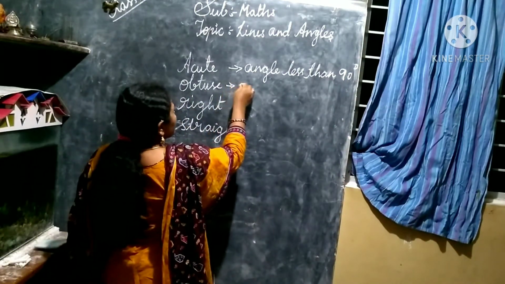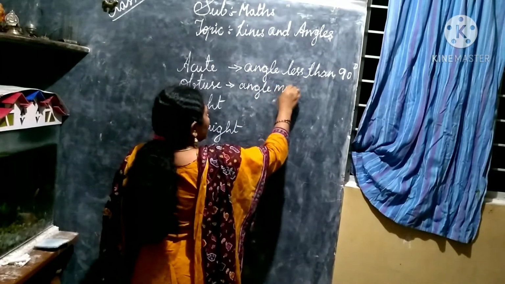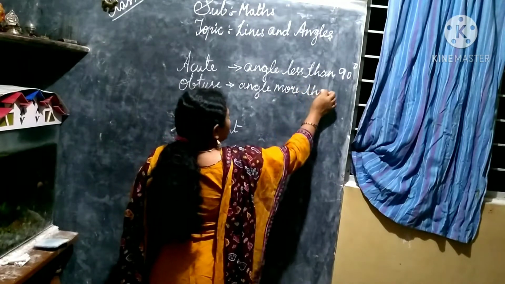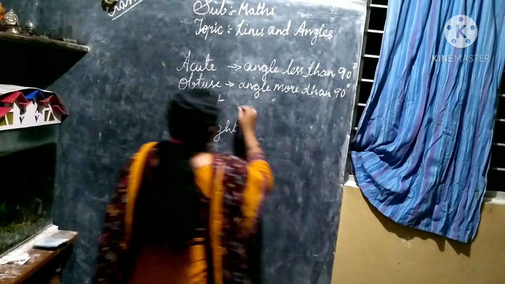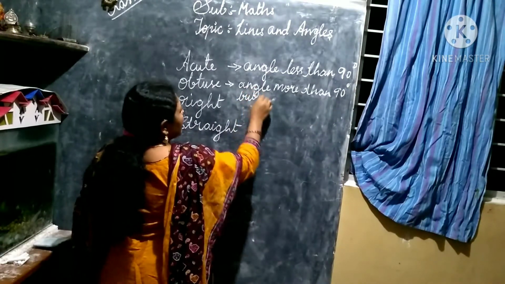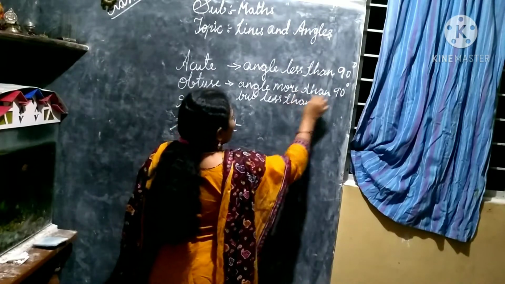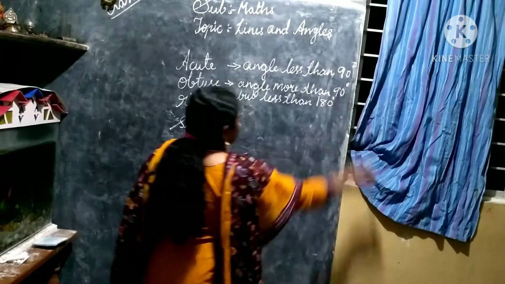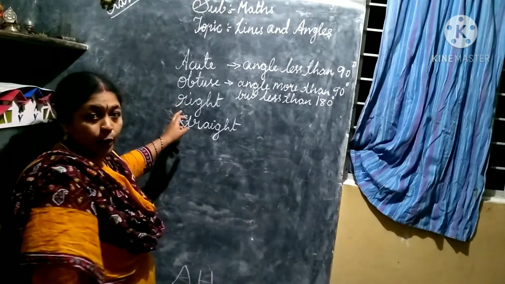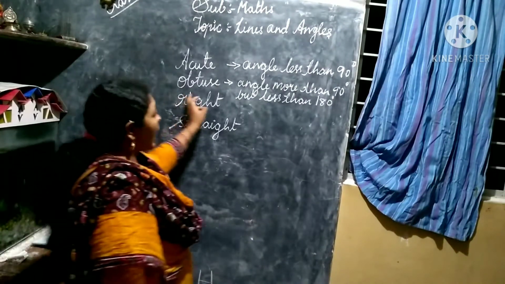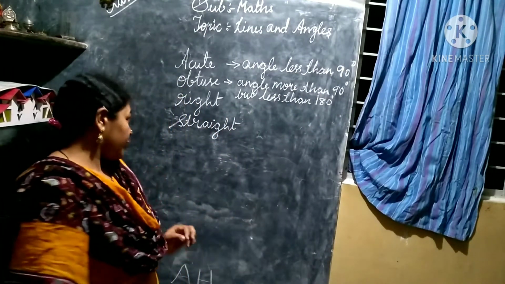Then what is obtuse angle? Angle more than 90 degree but less than 180 degree. This is obtuse angle. So obtuse angle is angle more than 90 degree but less than 180 degree.